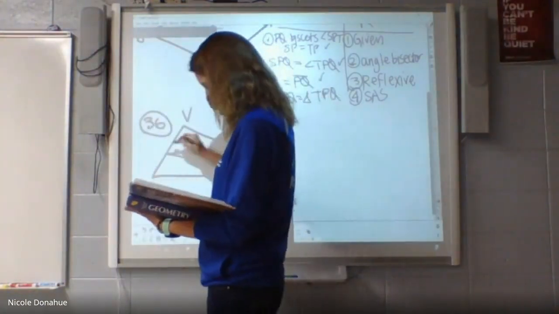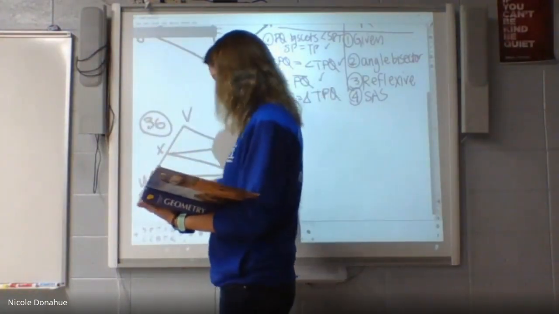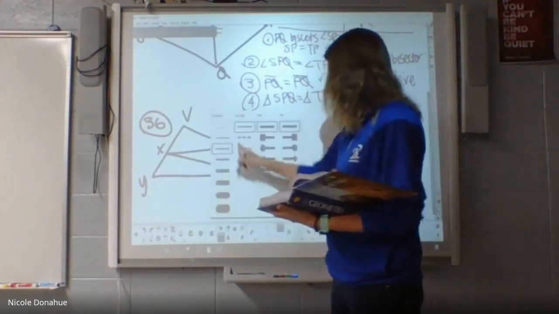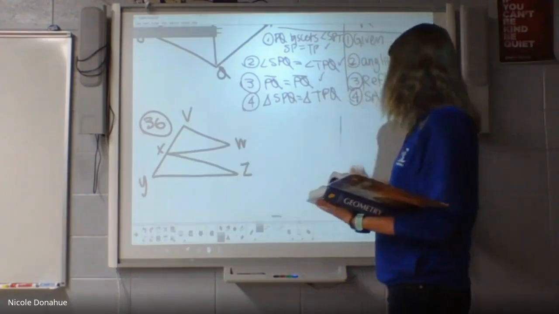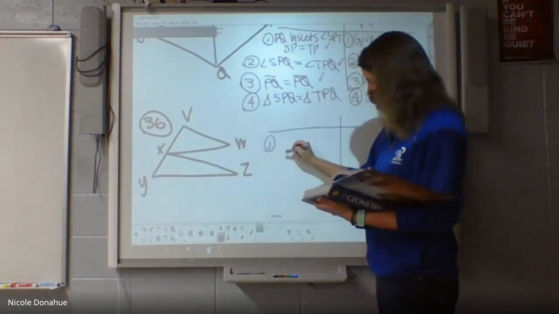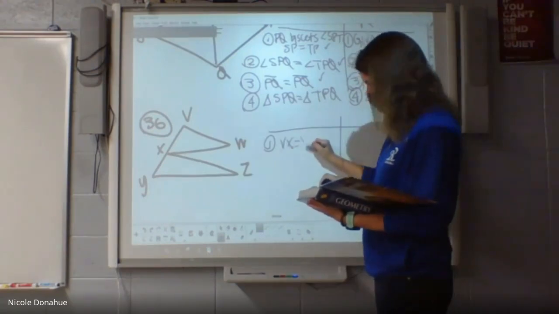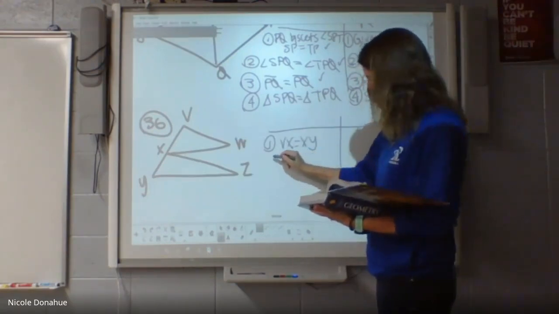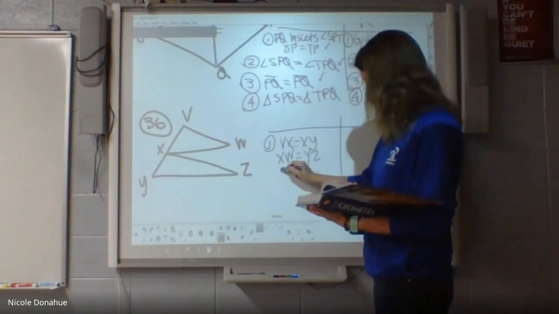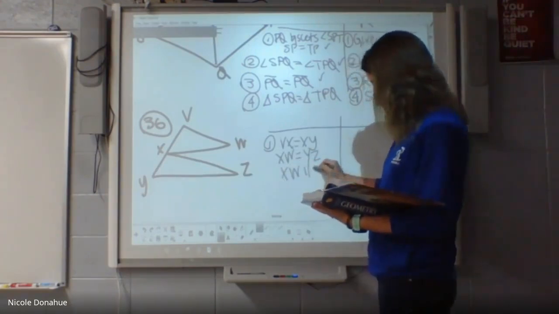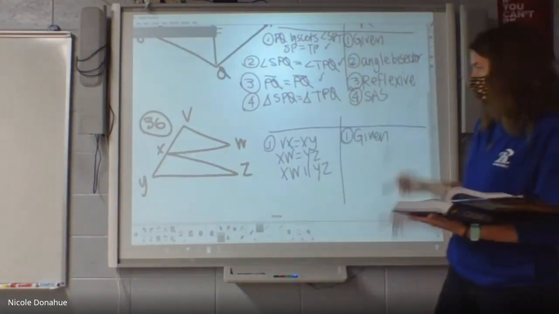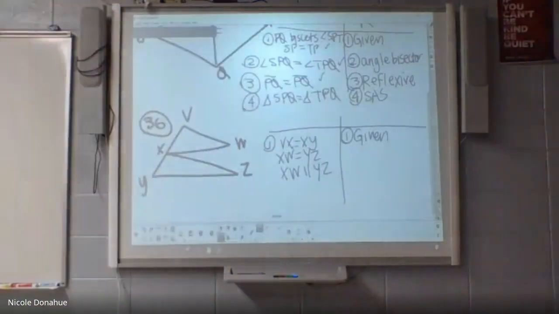This is V, X, Y, W, and Z. So I'm going to start with what I know. So this is all given to me. This is all given, so I'm going to mark that up.